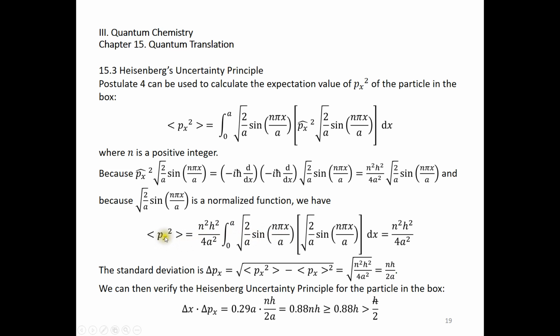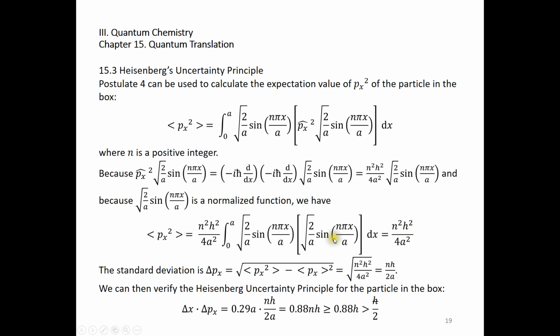The momentum squared is actually 2 times the mass times the kinetic energy. And we know the kinetic energy is n squared h squared over 8ma squared. So this comes from the kinetic energy multiplied by 2m. Again, the kinetic energy is n squared h squared over 8ma squared, and then multiply by 2m, you get this expression.